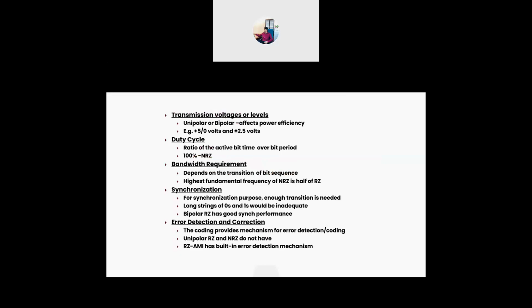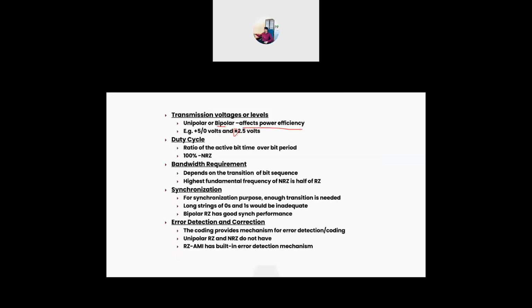Transmission voltage or level is whether this is unipolar or bipolar. If you have unipolar, you only have one side, like 5 volts. If you have bipolar, you have positive and negative. This unipolar or bipolar will affect the power efficiency.